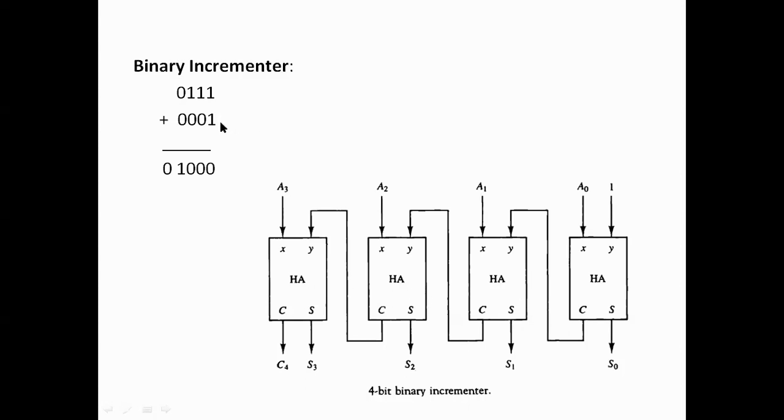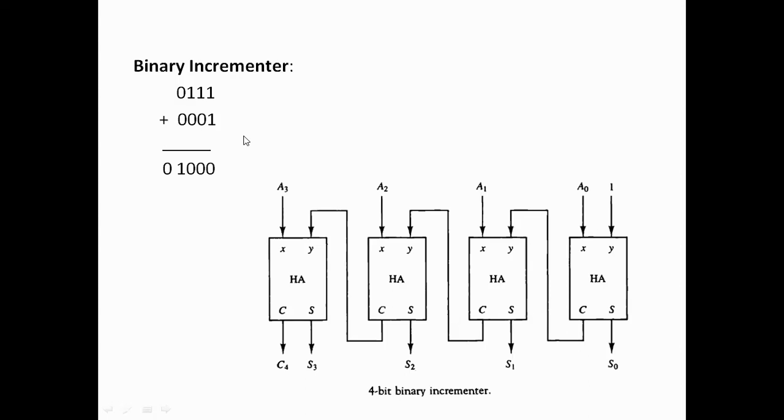Fine. In the first half adder, the input will be 1 and the bit A0. So if this number is A, this will be A0. Then the half adder will have 2 outputs. One will be the sum, second will be the carry, which will go to the next half adder as input.